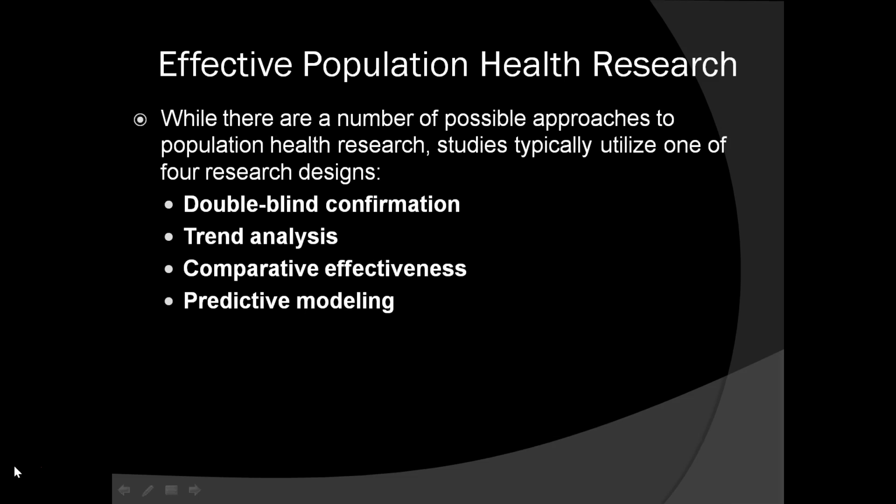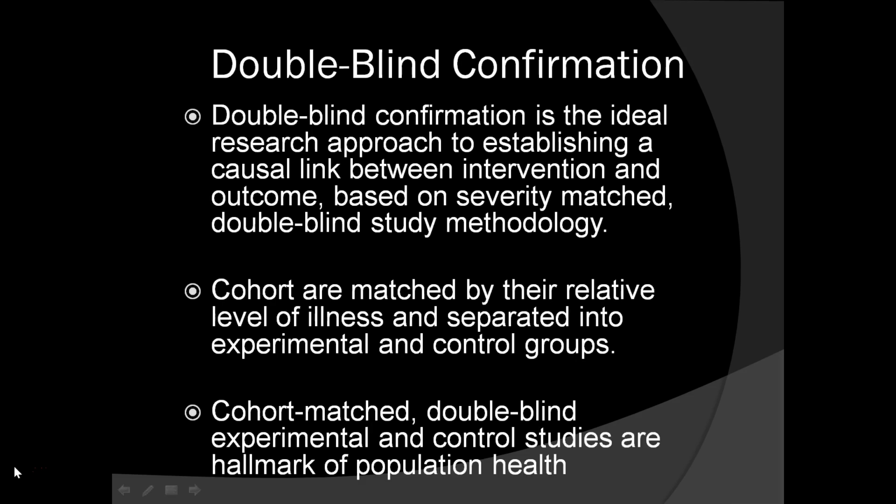Now, for population health research, studies typically utilize one of four research designs: double-blind confirmation, trend analysis, comparative effectiveness, and predictive modeling. Double-blind confirmation is the ideal research approach to establishing a causal link between intervention and outcome, based on a severity-matched double-blind study methodology.